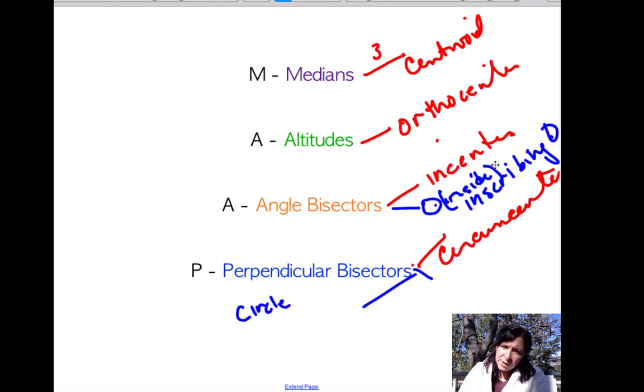You put the sharp part of your compass on the point of intersection. I believe it could be outside, and then you draw your circle from the center to each vertex, or vertices. And that's called circumscribing.